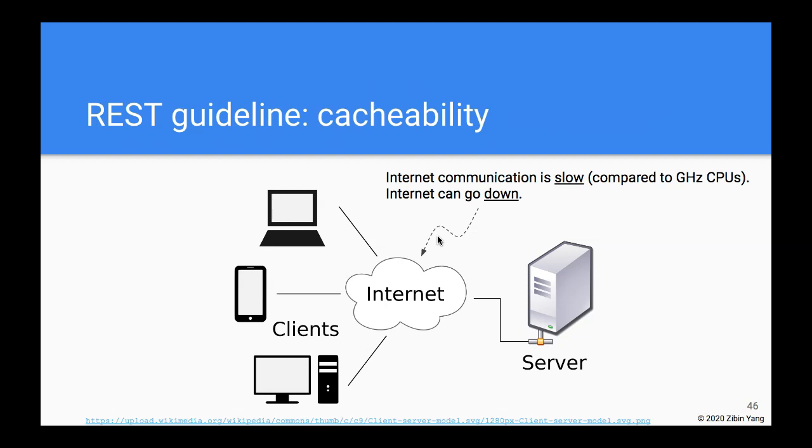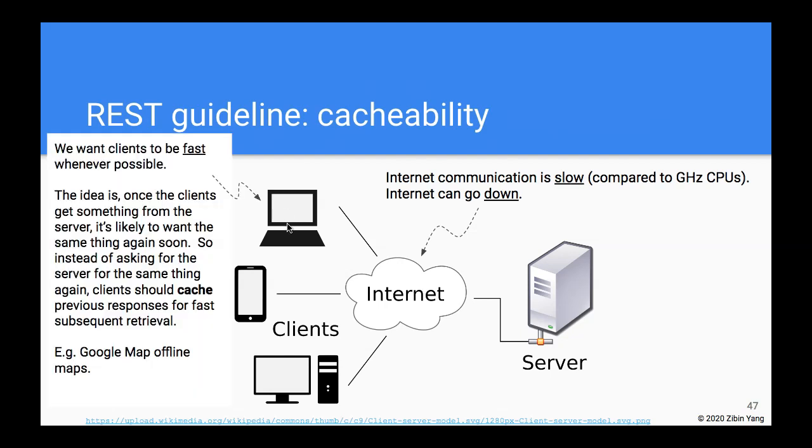Maybe a lot of people are going to the same website at the same time, or maybe our internet provider's equipment goes down, or cable services go down, or our own Wi-Fi router goes down, right? In those cases, the internet might not even work. Sometimes it's slow, sometimes it goes down, right?